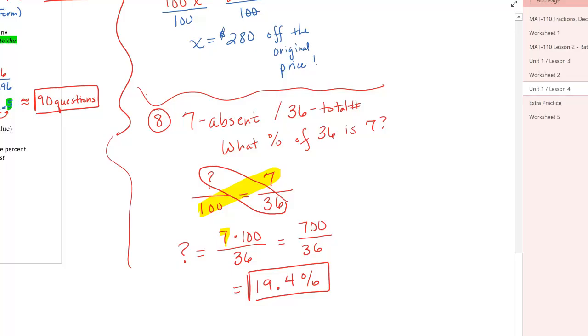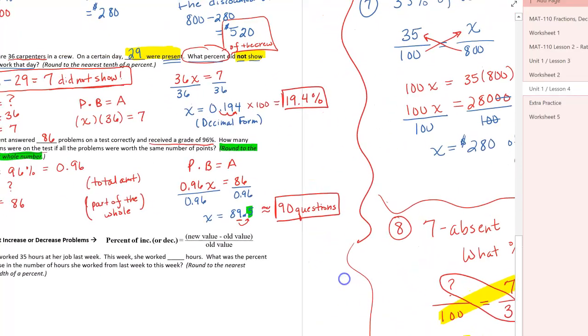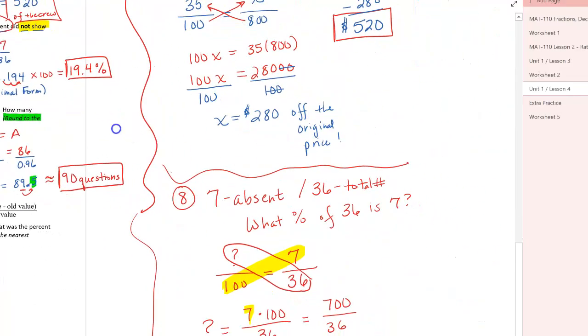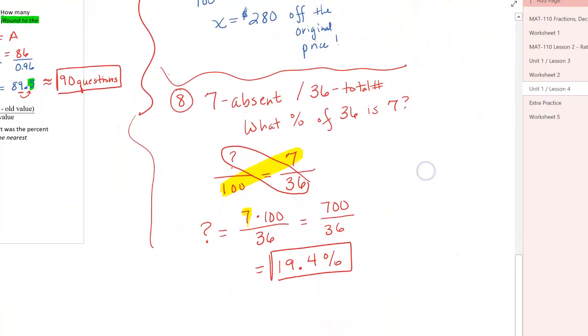Notice that when I use the percent equation over here, I had to then multiply by 100 to get it to percentage form. But the nice thing about the percent proportion is because you put it over 100 to start with, you kind of multiply by 100 within that percent proportion. So that's already done for you, and your answer is the final answer.